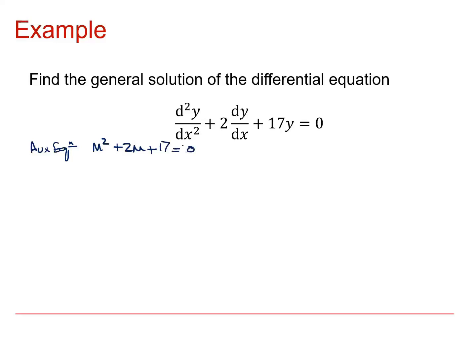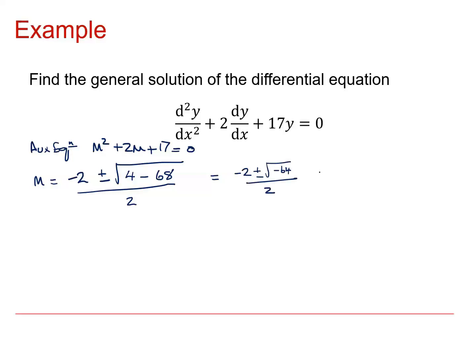And using the quadratic formula on this, I'm going to get that m is equal to minus 2 plus or minus the square root of 4 minus 68, all over 2. And that gives me minus 2 plus or minus the square root of minus 64, all over 2, which gives me minus 1 plus or minus 4i.